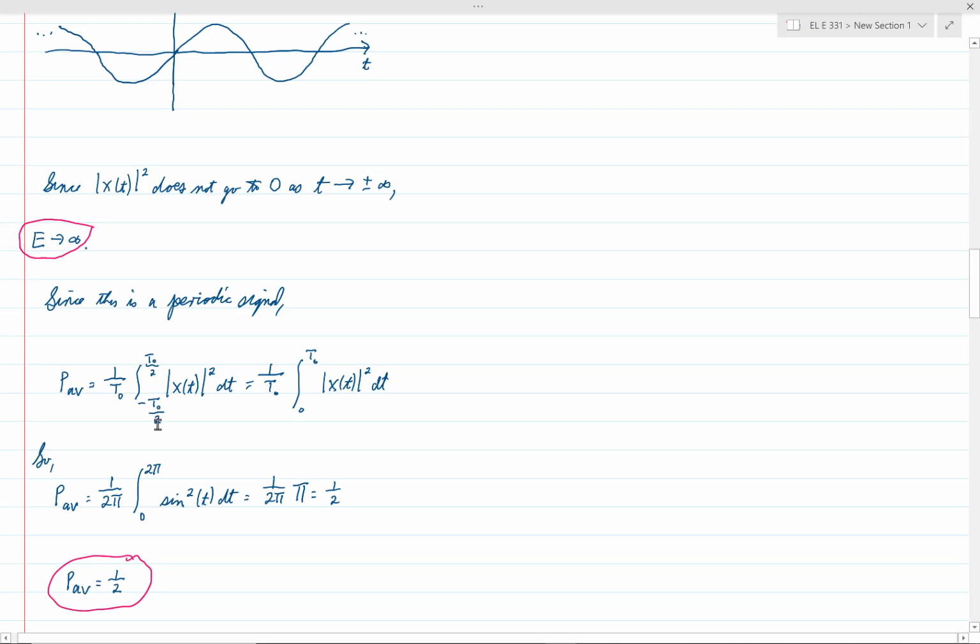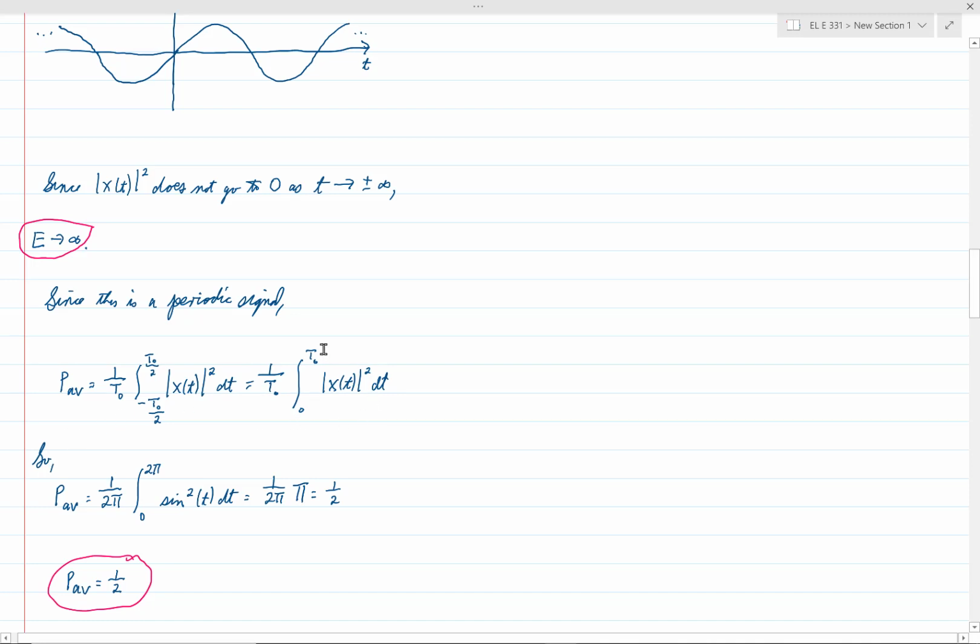And your book says from negative T0 over 2 to T0 over 2 of the magnitude squared of x of t dt. But the truth is you don't have to integrate from minus T0 over 2 to T0 over 2. You could integrate from minus T0 over 4 to 3/4 T0, or from 0 to T0. You just have to integrate over one fundamental period. That's all you need to do. And so that's what I'm going to do here, is I'm going to integrate from 0 to T0, because that's exactly one fundamental period.